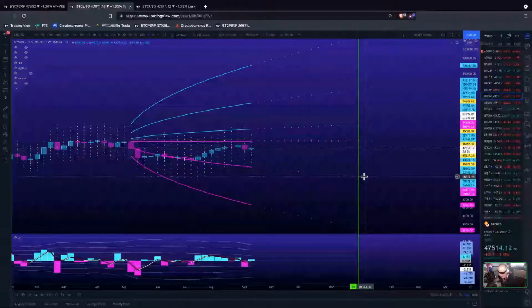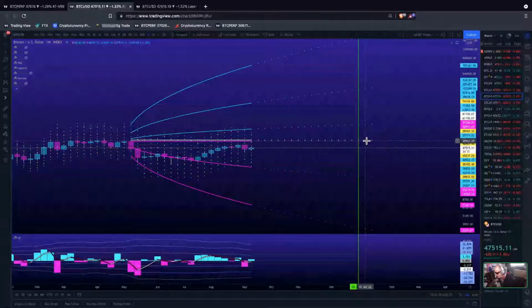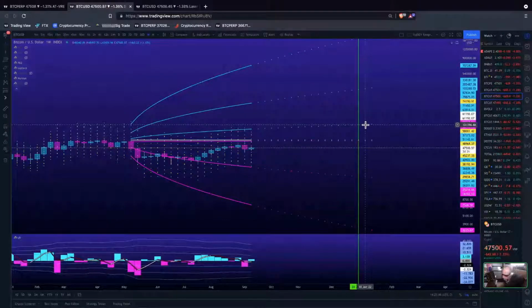It is a probability to the downside, though I don't see it. The bottom side of the 68.3, 60K. Top side, 102,000.